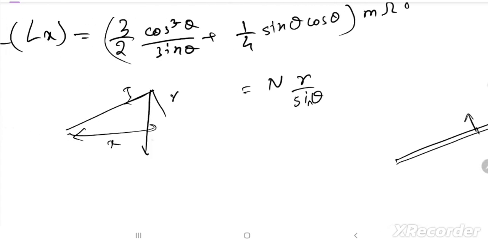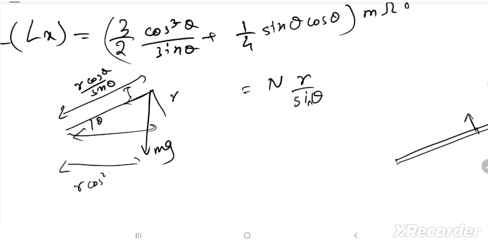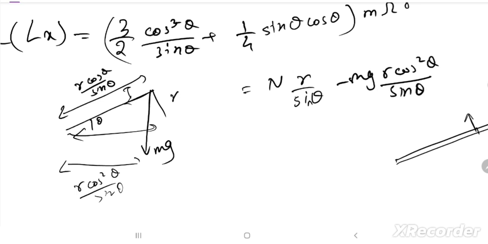Another torque will come in the negative z direction due to the mg component. And we know that this is r cos theta by sine theta. Just multiply with the cos component, you will get r cos square theta by sine theta minus mg r cos square theta by sine theta.